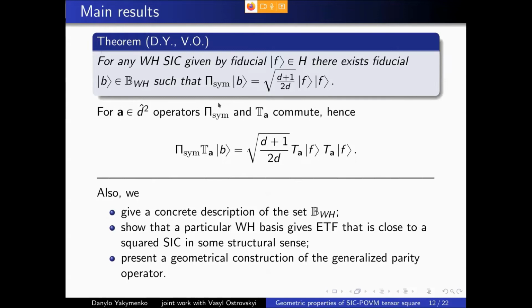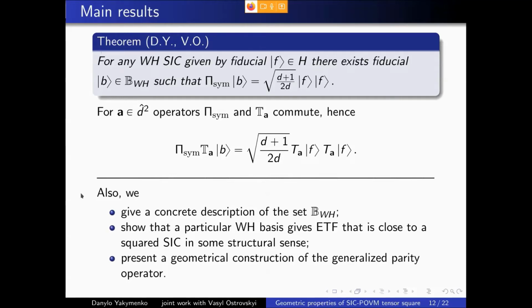And since there is a commutation, when we project the basis, we just obtain exactly the squared SIC, up to a factor.